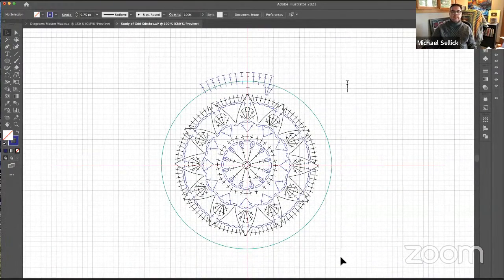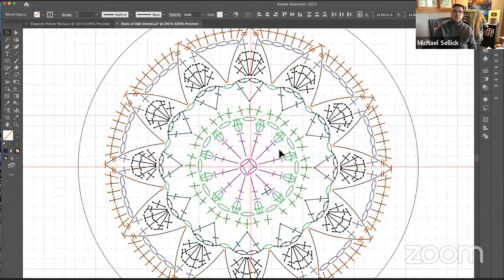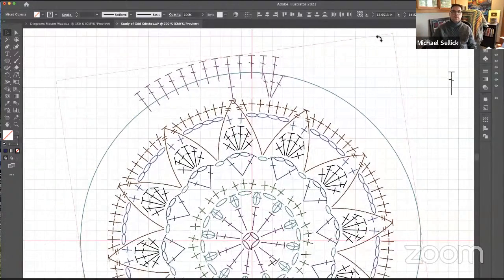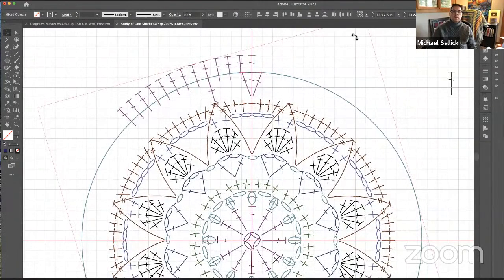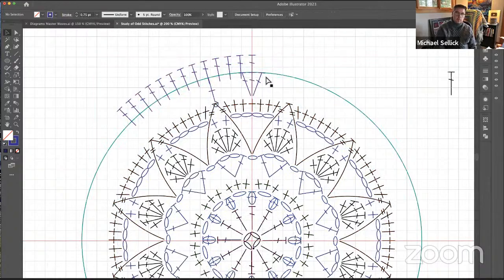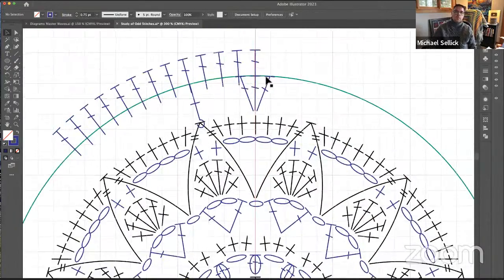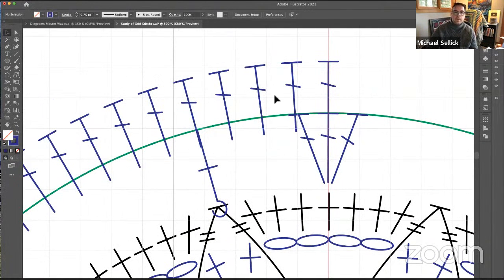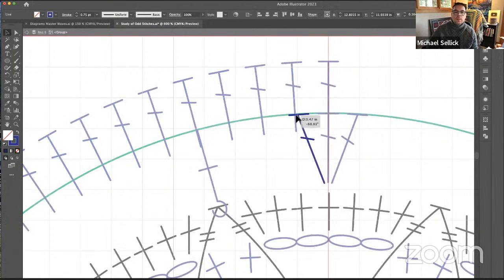Rotate everything again. So I'm just making sure that the spacing stays equal to each other.